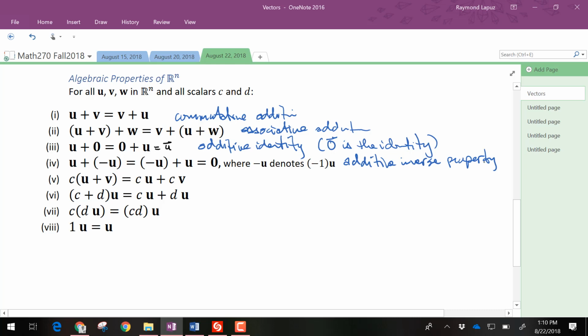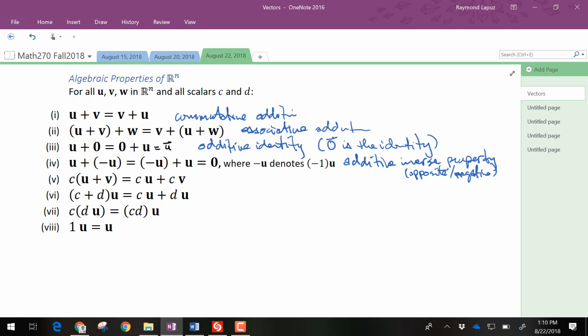In this case, we know it to be the negative, just by multiplying it by a negative sign, and we kind of call that the opposite, or the negative. Okay.